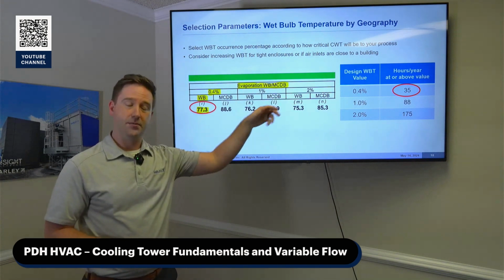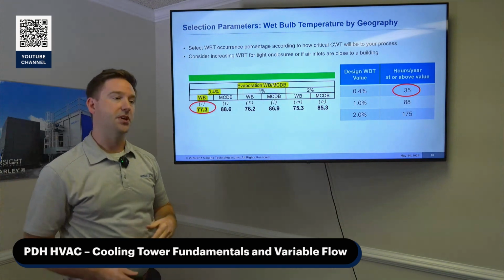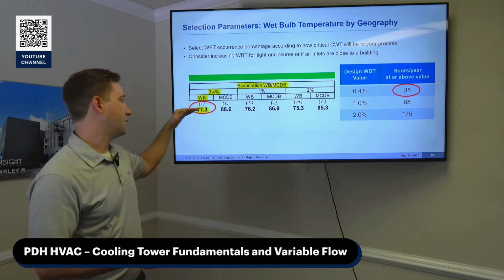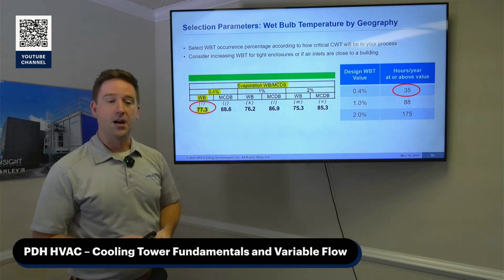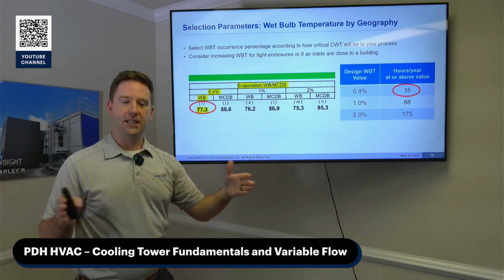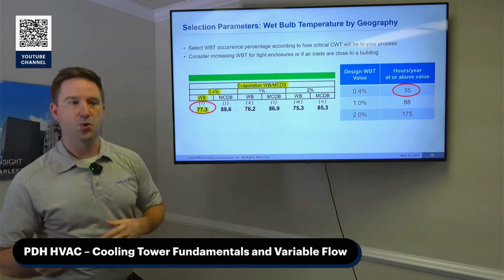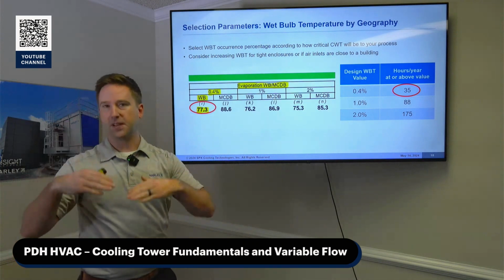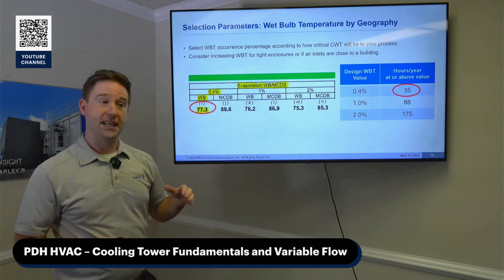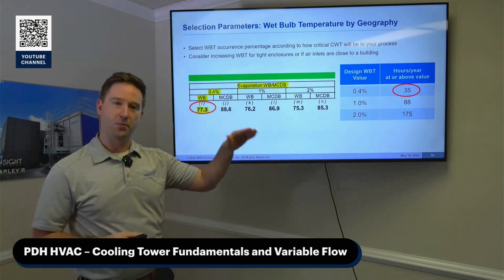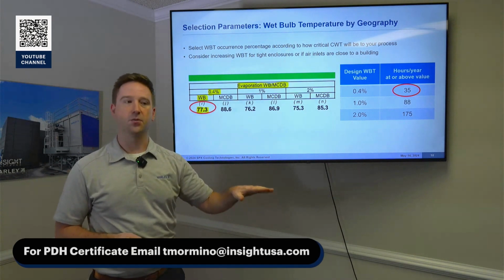But the rest of the year, it could be oversized, because in cooler weather, that wet bulb temperature will be lower. And leading into this energy saving standpoint, if you have a VFD that's able to ramp that fan speed up and down, you'll be able to take advantage of the parts of the year where the wet bulb temperature is lower than that design wet bulb.